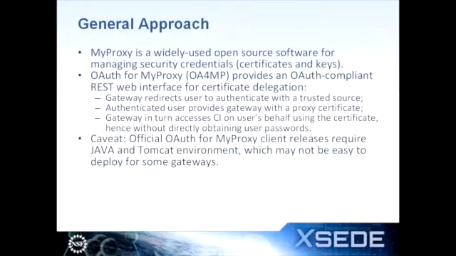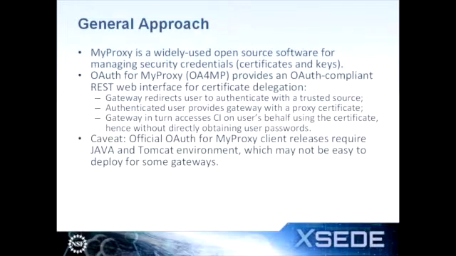A general approach for the authentication mechanism normally is using authentication delegation. MyProxy is a widely used open source software for managing security credentials. OAuth for MyProxy, that's short for OA4MP, provides an OAuth-compliant web interface for certificate delegation that roughly works in this way.